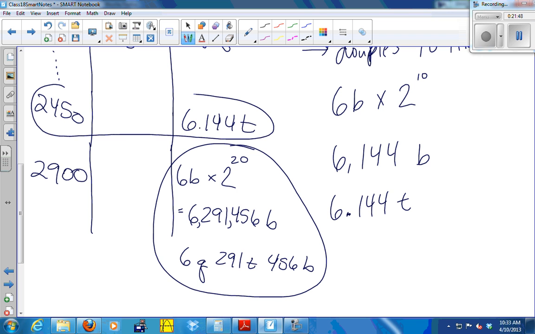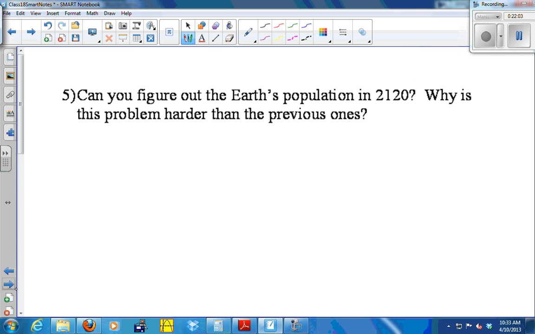So the procedure we used was: figure out how much time has passed, figure out how many sets of 45 years that is, and that's how many times you double. So if I want to do a harder one, like 2120, why is this problem harder?